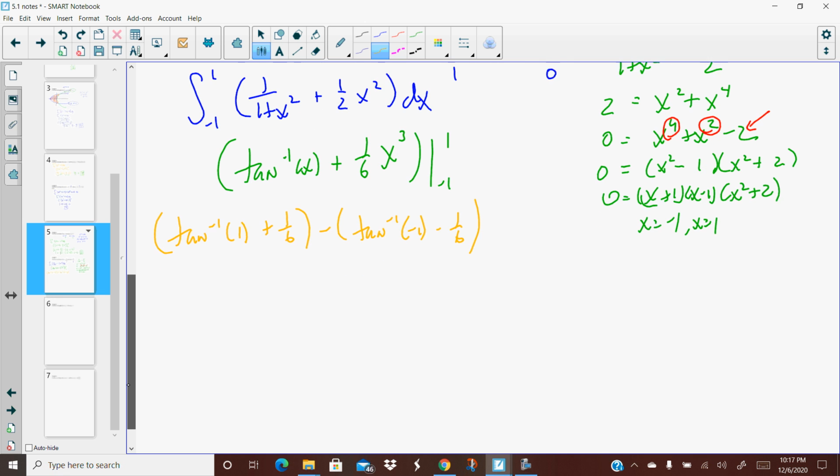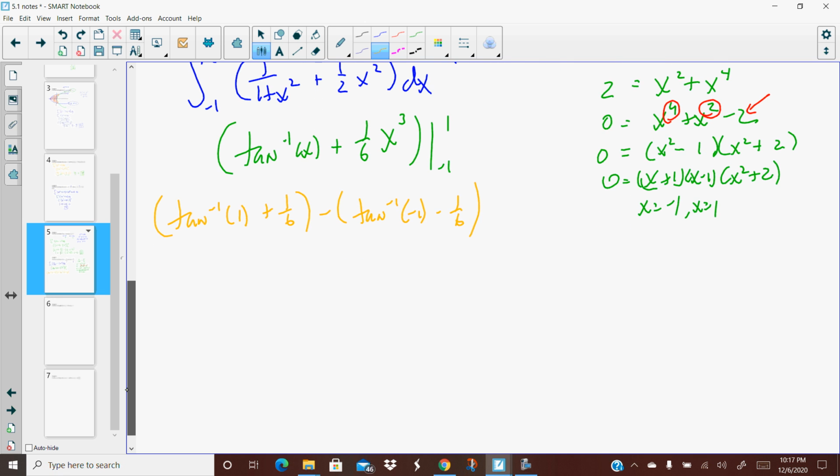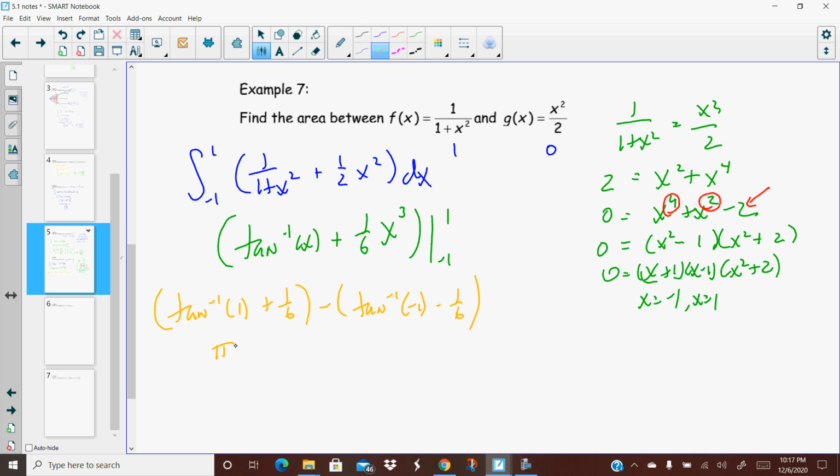Now we have to be good with our unit circle stuff and inverse tangents and inverse functions for trig. Inverse tangent of 1 is basically asking us tangent of what value gives me 1, or what angle. And that angle was pi fourths plus a sixth.